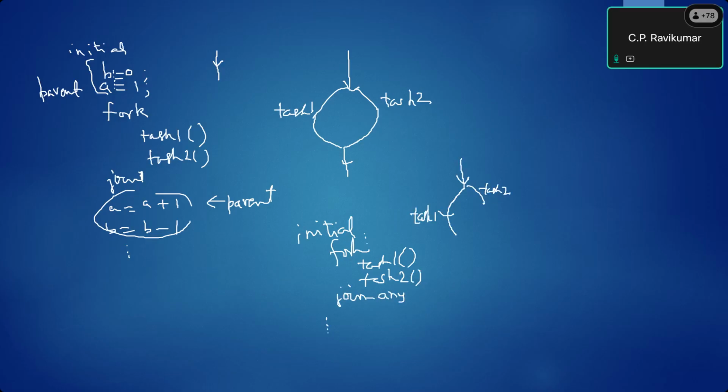But imagine that task 2 completes early, then the parent will continue here. It won't wait for task 1 to complete. Task 1 may complete sometime later, but task 1 and the parent may be running in parallel.